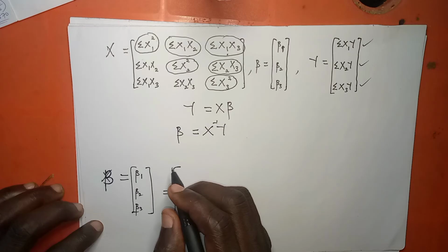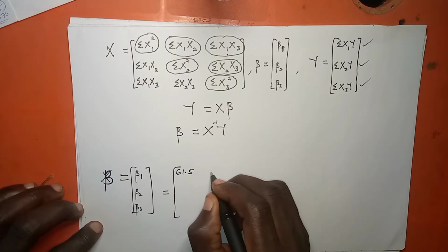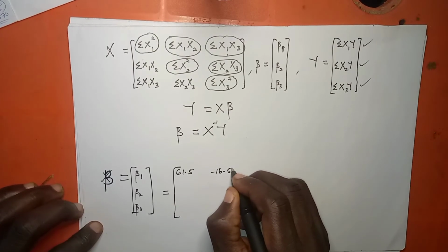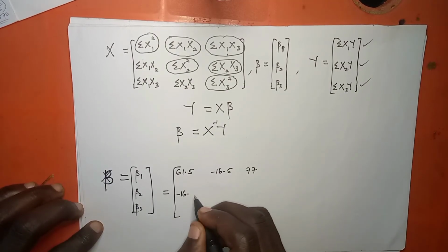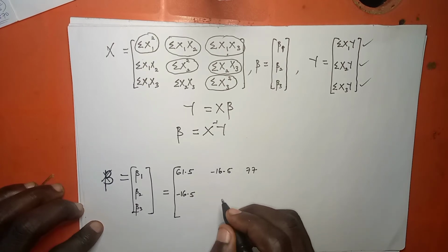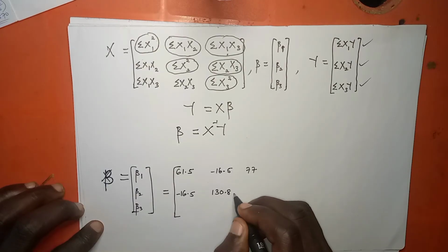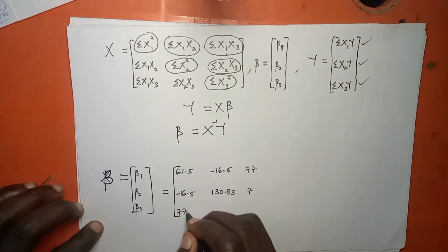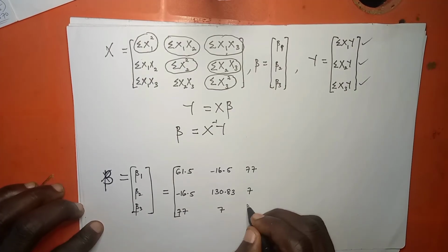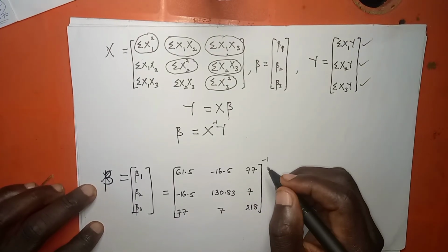So here we're going to have 61.5, minus 16.5, minus 16.5, 130.83, 77, 77, 218, inverse.